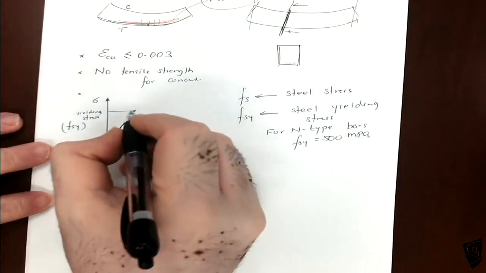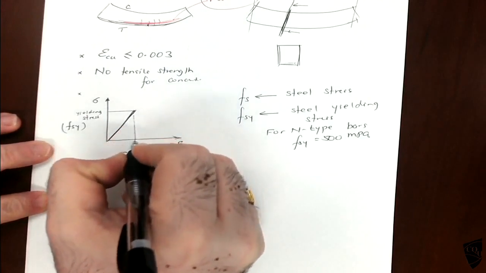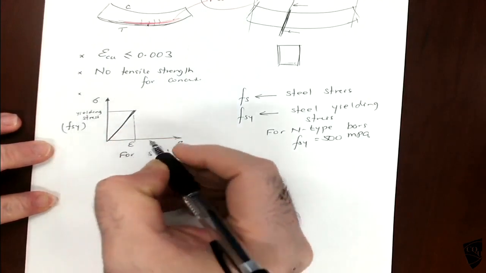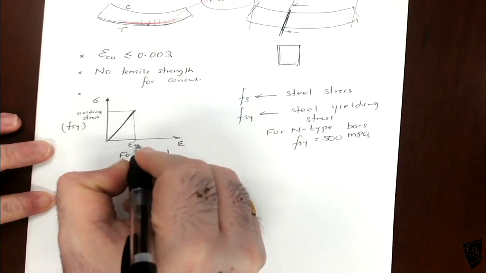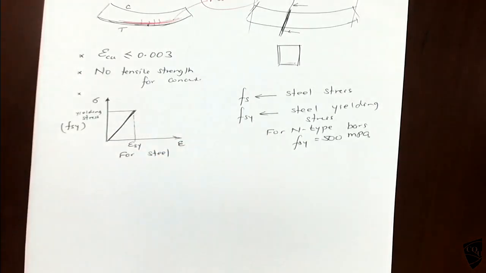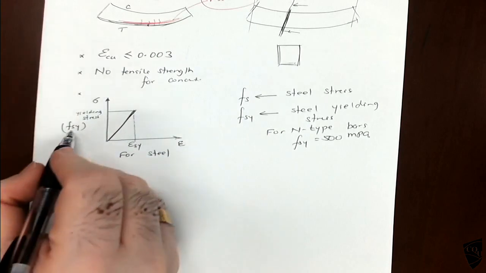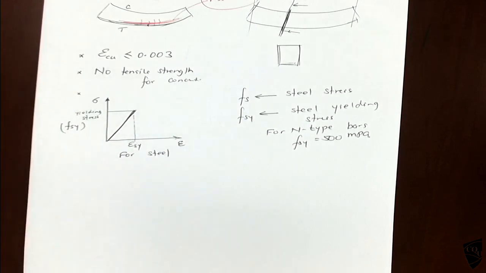So this is the yielding strain, and this is the yielding stress Fsy. Fs means stress of the steel. Fsy is the yielding stress of the steel.